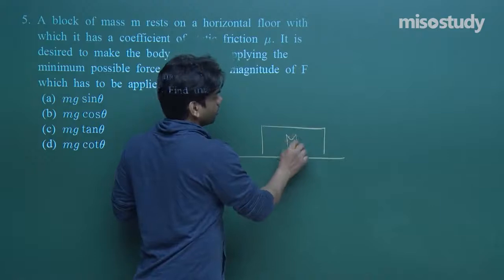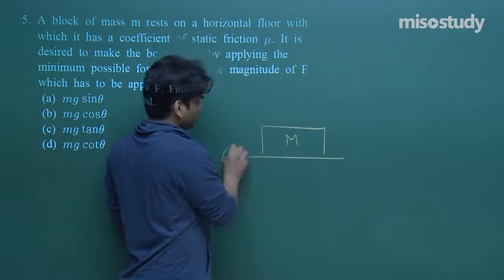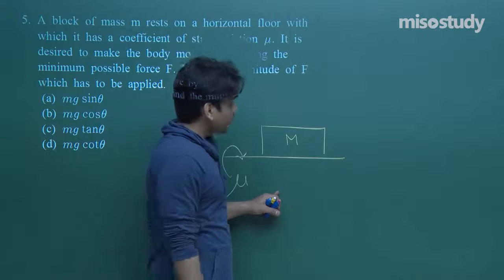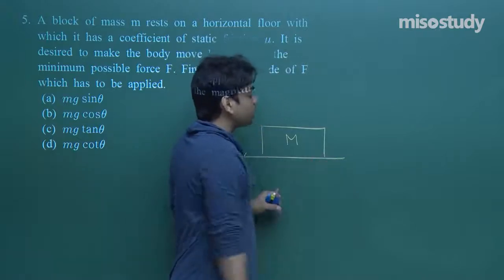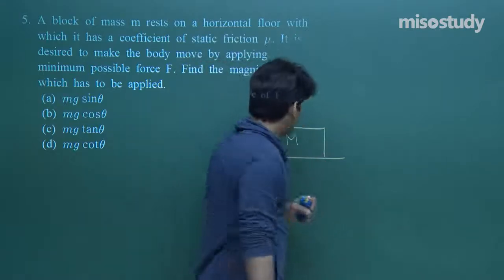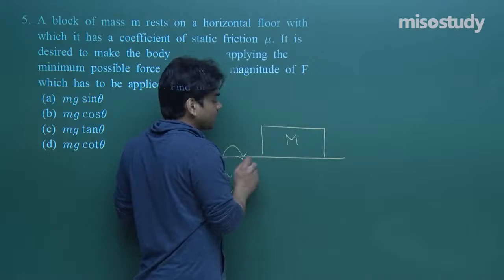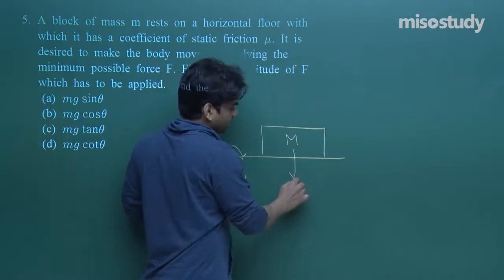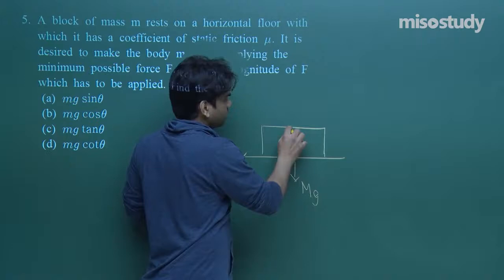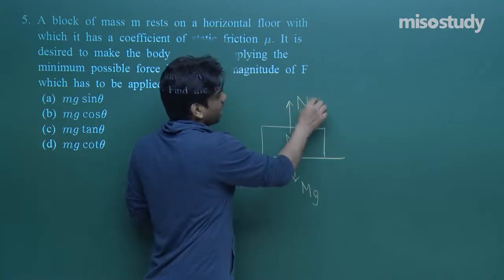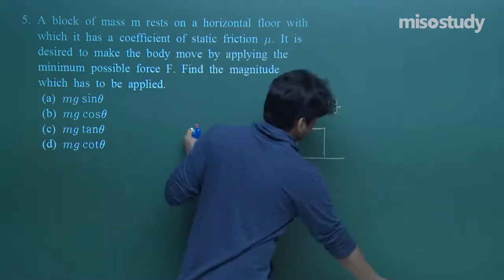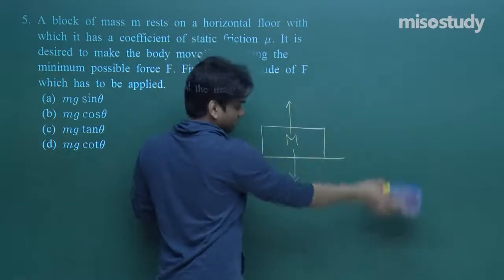This is the body with mass capital M. The coefficient of friction between the block and the floor is given as mu. It is required to pull it with the minimum force. Now see, mg will be acting here, n will be acting here, that will be equal to mg, not mg, I will not use this term, we will use it later on.